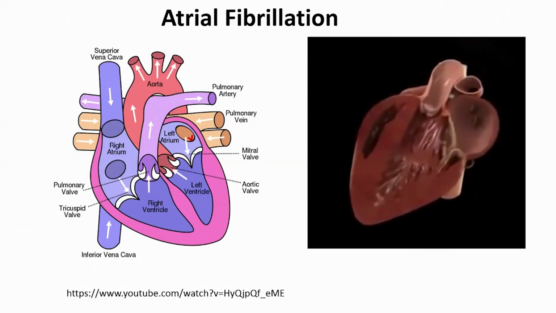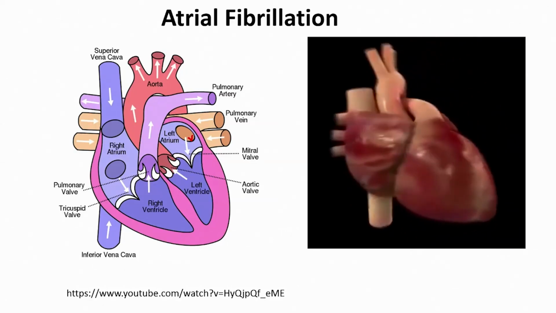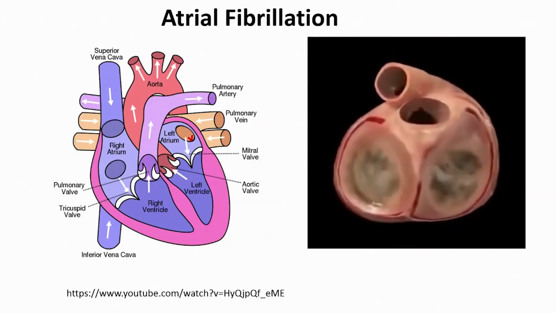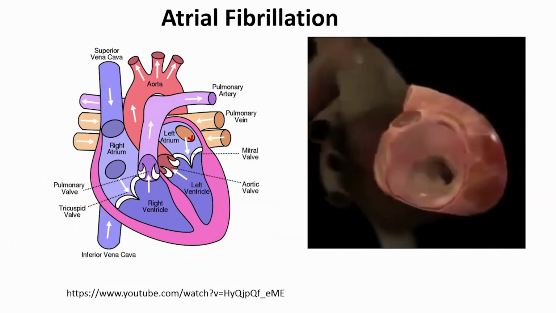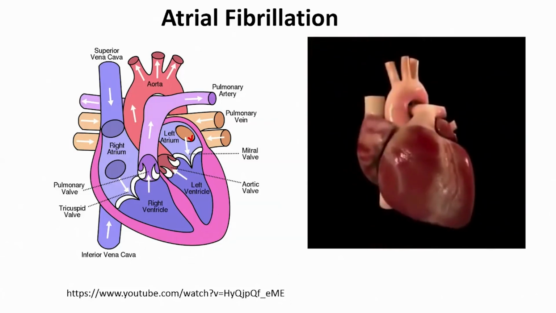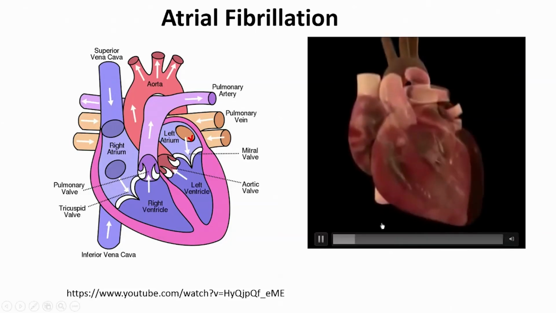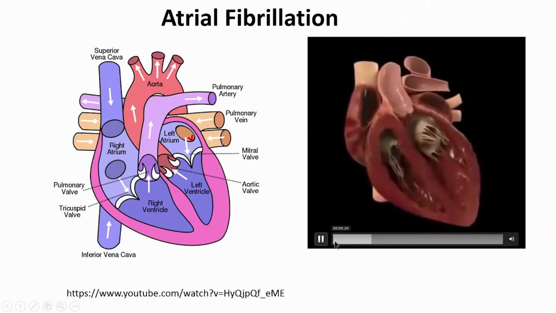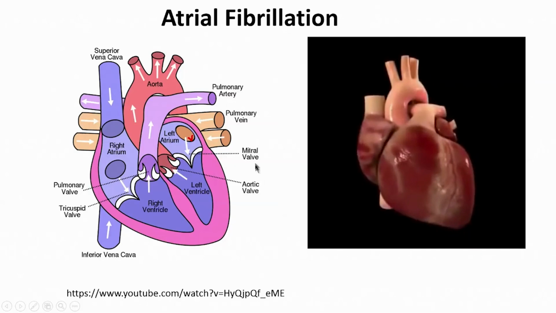Here you can clearly see what we are talking about: the aorta, which is here, the pulmonary artery, pulmonary veins, superior vena cava, inferior vena cava. This is how a heart actually looks, guys.